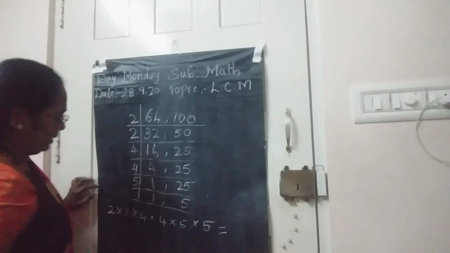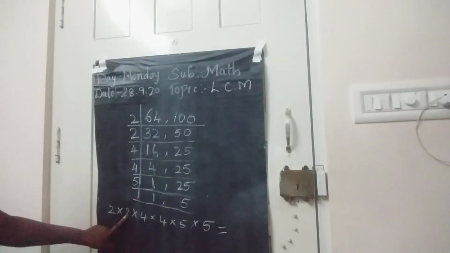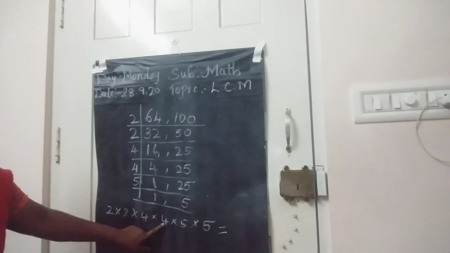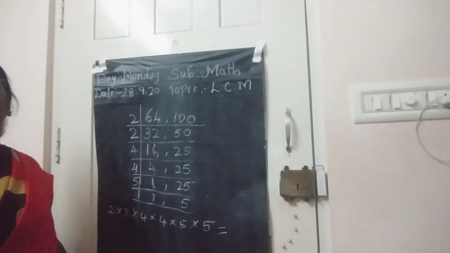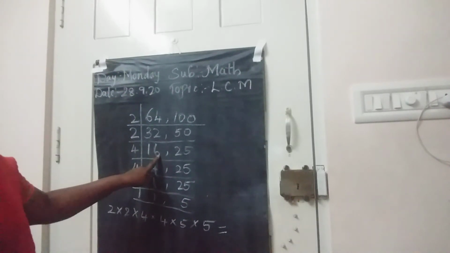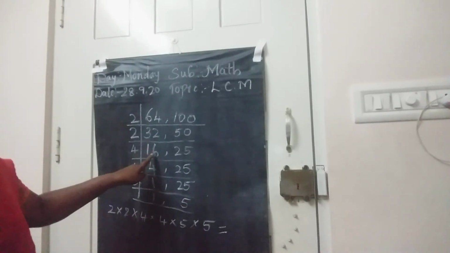Now how is it? 2 2s 4, 4 4s 16. And what is 16 4s? Yes. 16 4s is what, children? Do you know? Here also you can say, ma'am, we could have stopped here only.